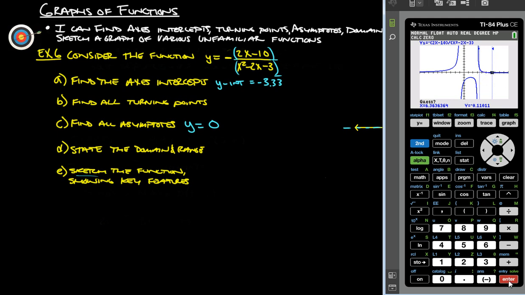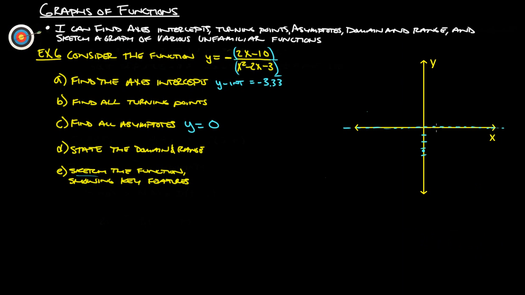Now it says guess, so push enter, and it tells us that the x-intercept is at 5. So we also know there's one here at 1, 2, 3, 4, 5. The y-intercept is at negative 3.33, and the x-intercept is at 5.